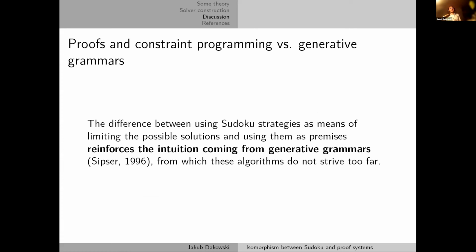It is also interesting because even when we don't want to think of logic and constraint programming using generative grammars, we can think of them as a similar analogy. In generative grammars, we have this analogy of generating and matching solutions, and here we also have this analogy of generating and matching solutions. In my opinion, it's quite interesting that this is a pattern that arises in different areas.